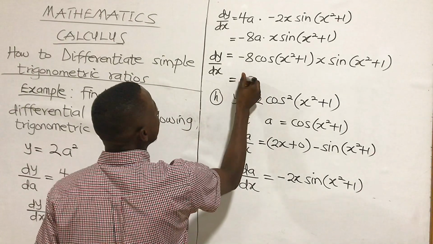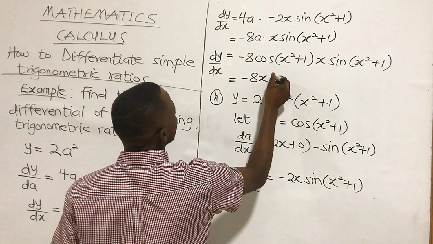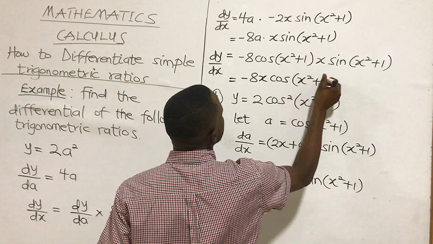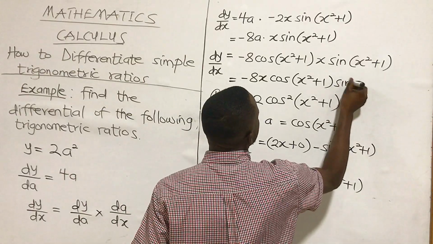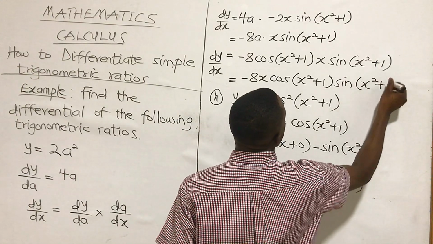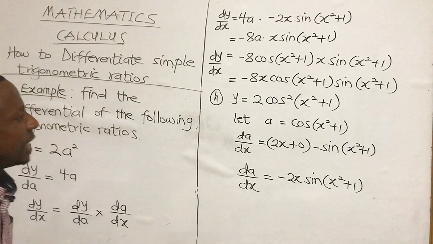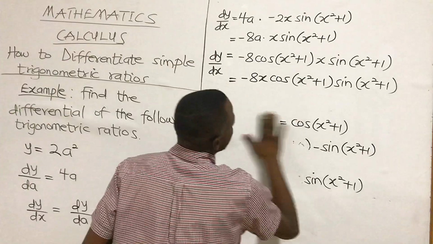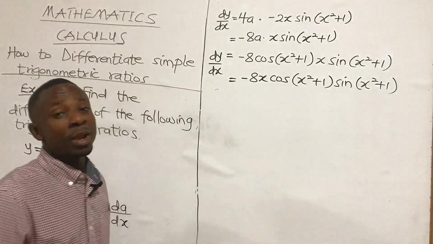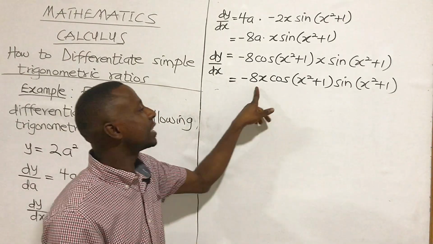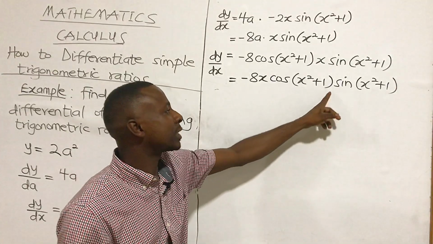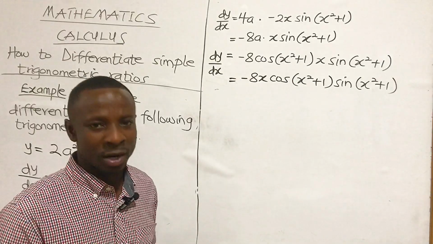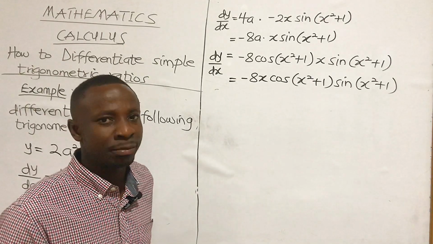So now we are going to get negative 8x cos bracket open x squared plus 1 sine x squared plus 1. And this will be the final answer. So we have the final answer to be minus 8x cos x squared plus 1 multiplying sine of x squared plus 1. The next example.